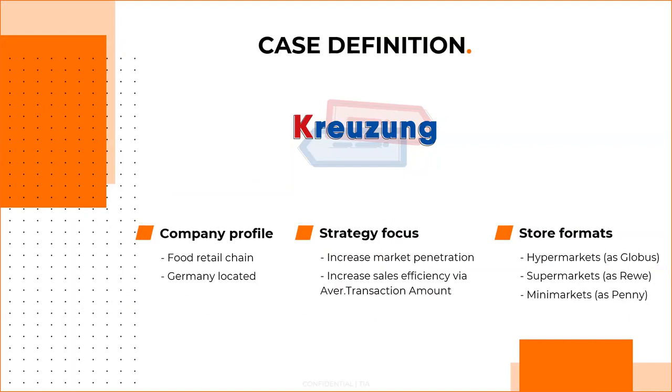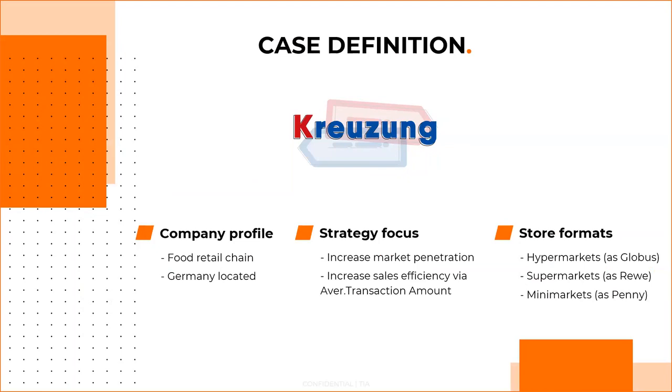Hi, everyone. My name is Ekaterina, and as we approach a demo of Tableau CRM, I would like to tell you about the business case that we will use for this demo today. So, a small retail chain based in Germany has three types of store formats: the hypermarkets such as the Globus chain, the supermarkets such as Rewe, and the mini markets such as Penny.